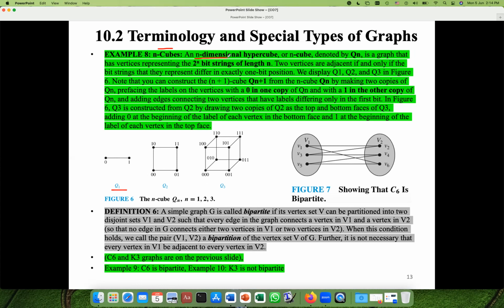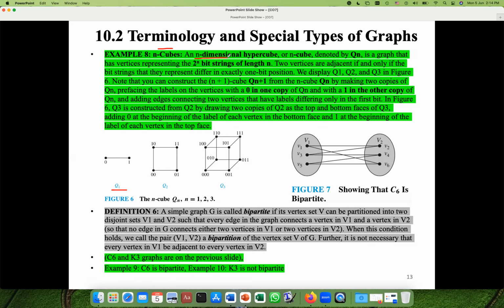So when you have to draw a graph related to cubes, that graph will be drawn on the concept of bits. 2 raised power n bit strings, and this n is the length of that bit string. So if you have 1 bit, what are the possibilities? 0 and 1. That's why you are seeing the 2 vertices here. That is the reason.